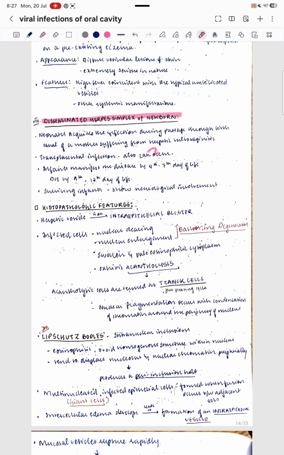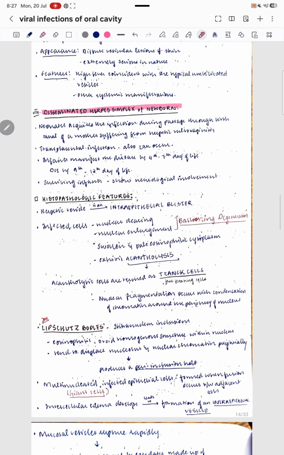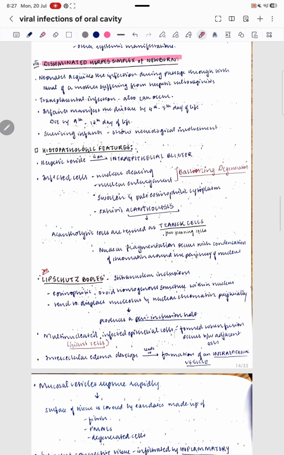Transplacental infection can also occur. Infants manifest this disease by the 4th to 7th day of life, and surviving infants also show some neurological involvement.